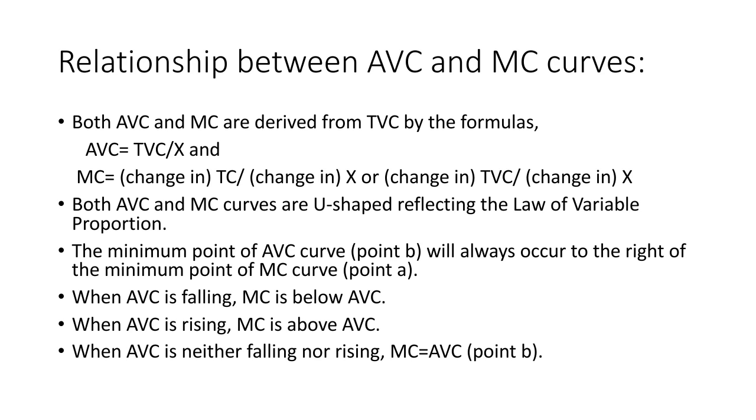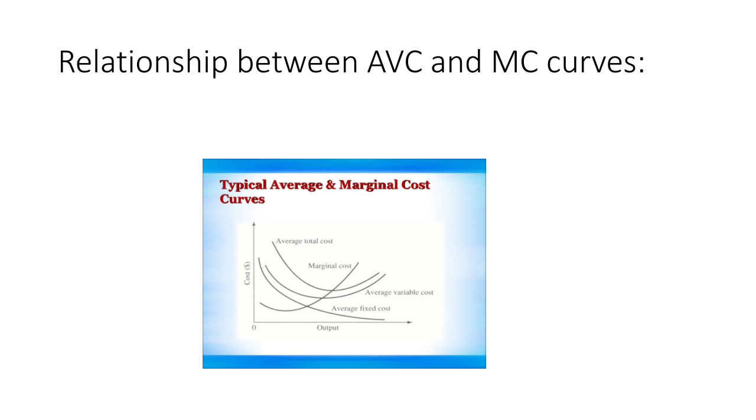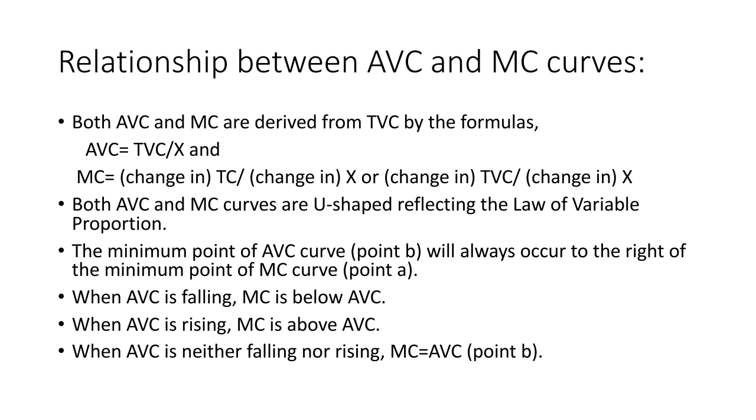The minimum point of the AVC curve, point B, you can see from the diagram. The minimum point of AVC will always occur to the right of the minimum point of the MC curve.